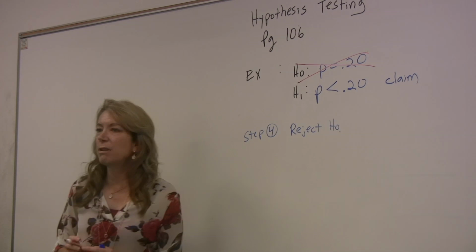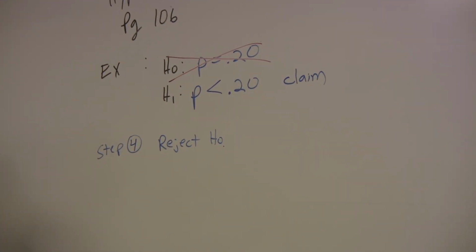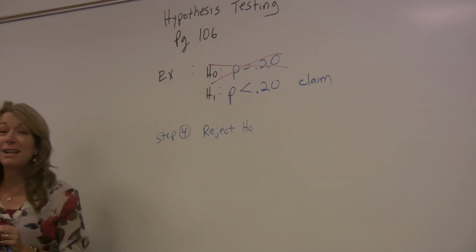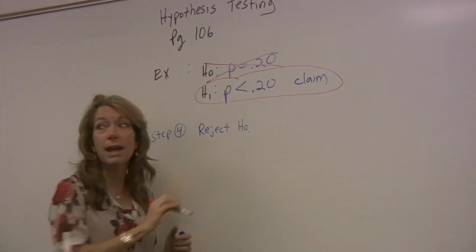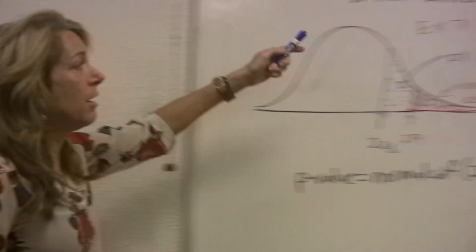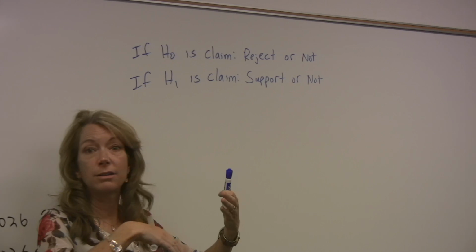I cross it out, it's been rejected. If it's rejected, what can you say about my claim? The evidence proves that. We don't say proves, but you're close. We never say the evidence proves, but we say it supports it. So therefore, we must be supporting that claim, because we rejected H0. It's always one or the other.